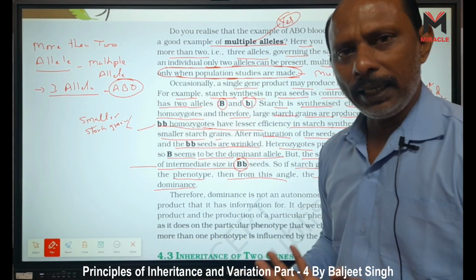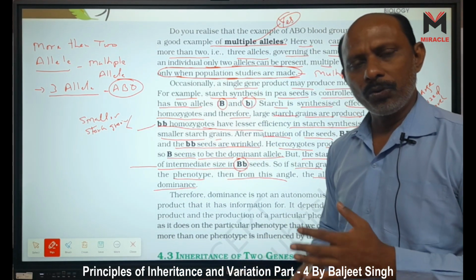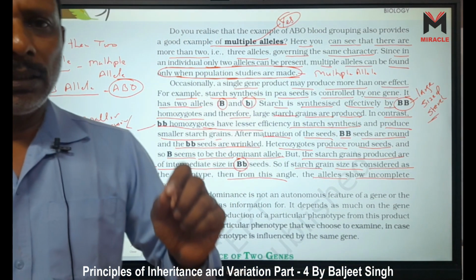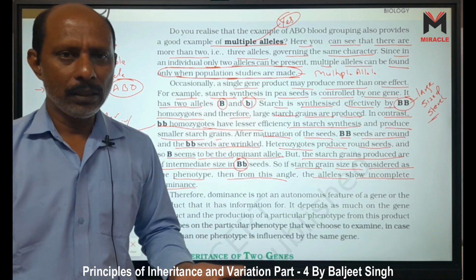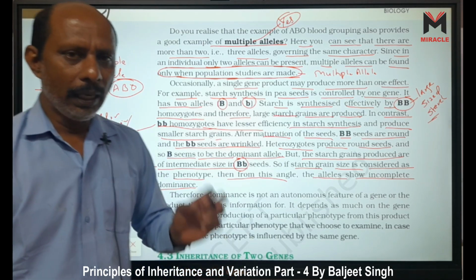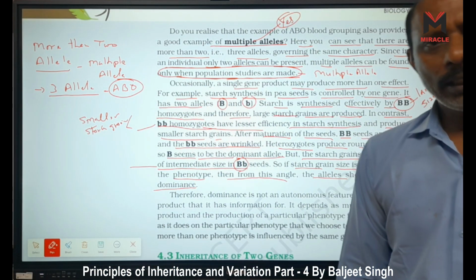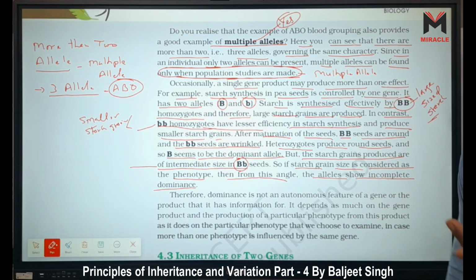That means we can say it is incomplete dominance. If we consider starch grain size, that is an example of incomplete dominance, and if we consider the shape of seeds, that proves the law of dominance.